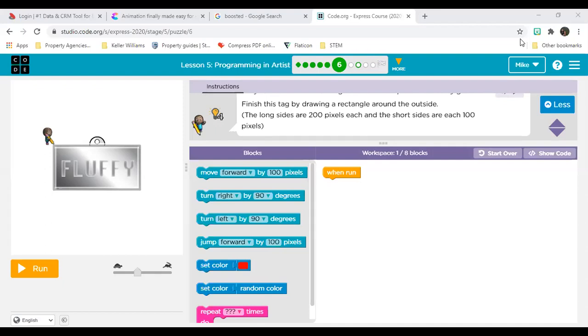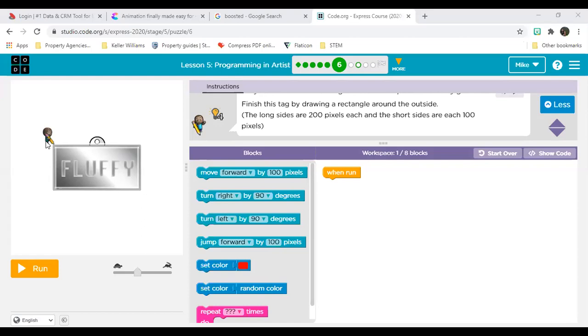So our artist, the long side, if we look at our instructions, the long sides are 200 pixels. So if we zoomed in on our picture, there would be 200 tiny little blocks in this one line. Okay, and that's the length of the long side that our artist needs to draw.